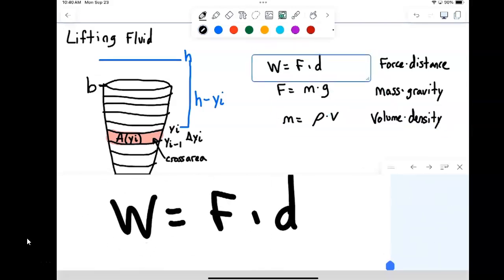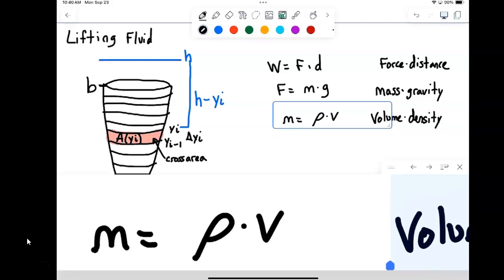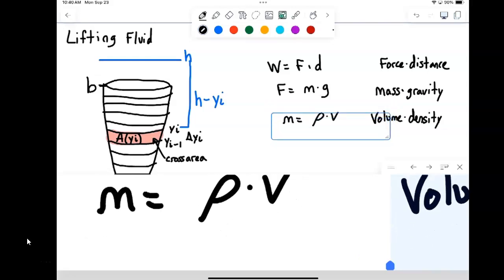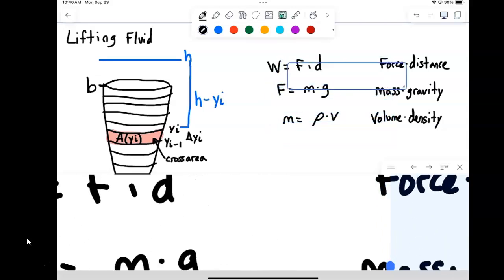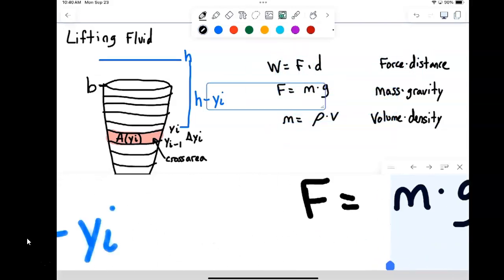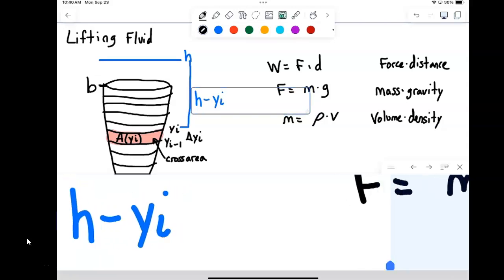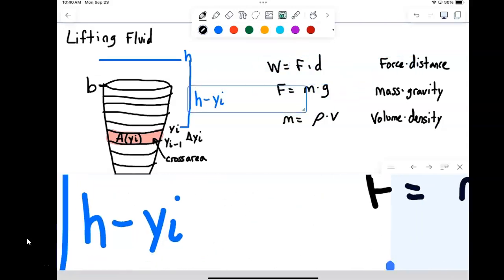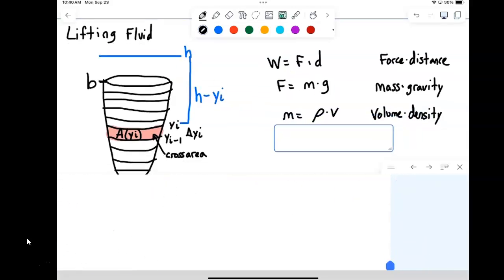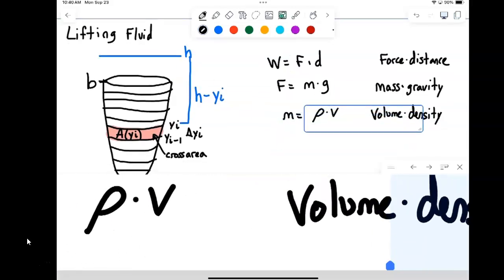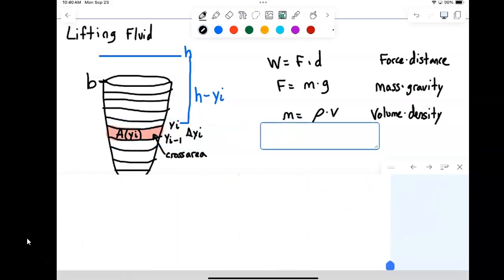So we just need to figure out these quantities. First, we need to figure out the mass we're lifting. From that, we'll be able to figure out the force that's needed. And then we take force times distance because we already know the distance we're going to have to lift it is going to be h minus yi.